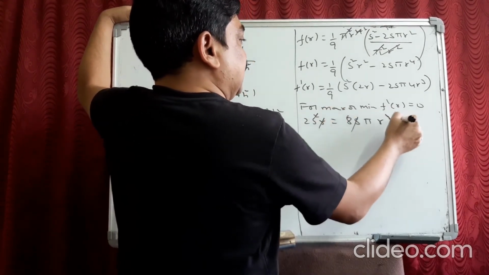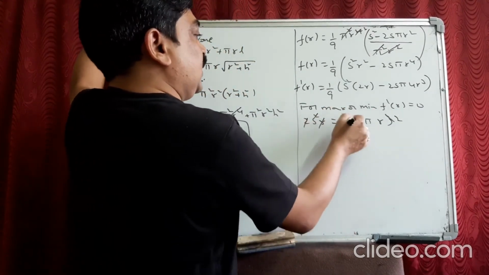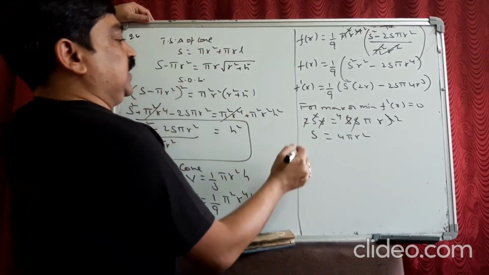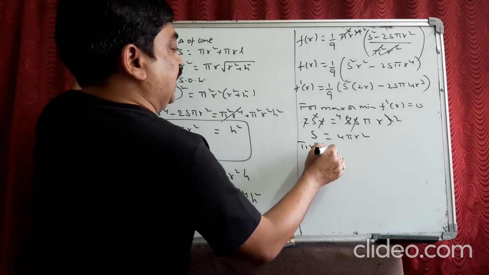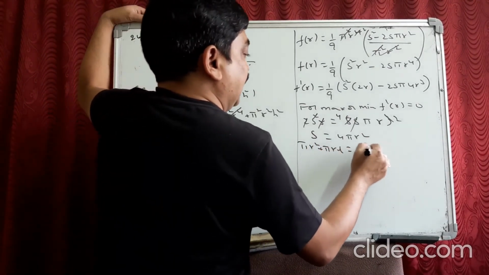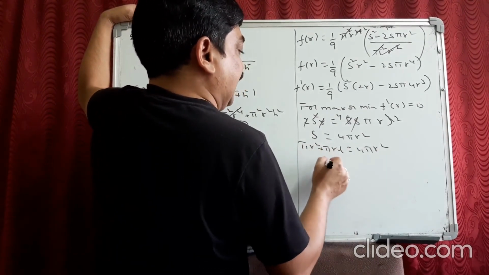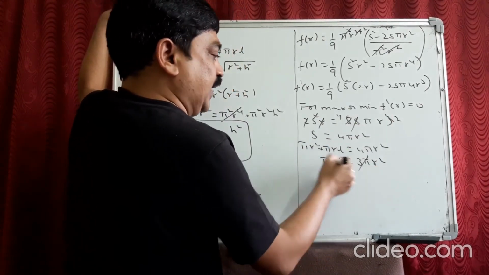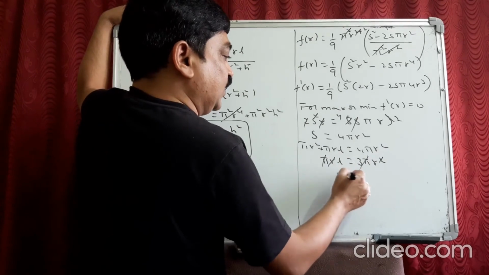One of this r square goes to 4 times, so s becomes 4 pi r square. But actual s is pi r square plus pi rl, which is 4 pi r square. So pi rl becomes 3 pi r square when you send it that side. Pi gets cancelled, one of r you can take over.